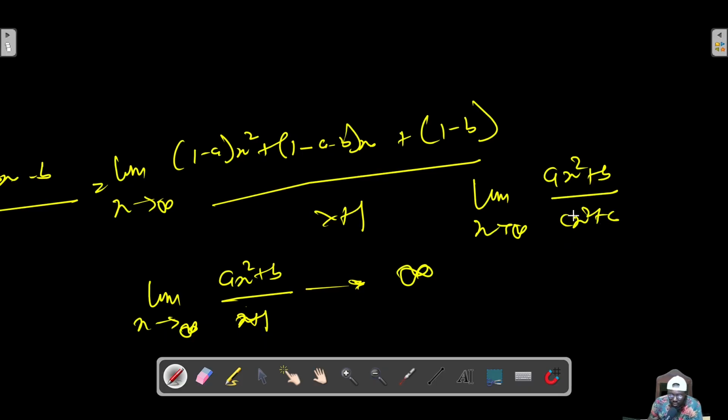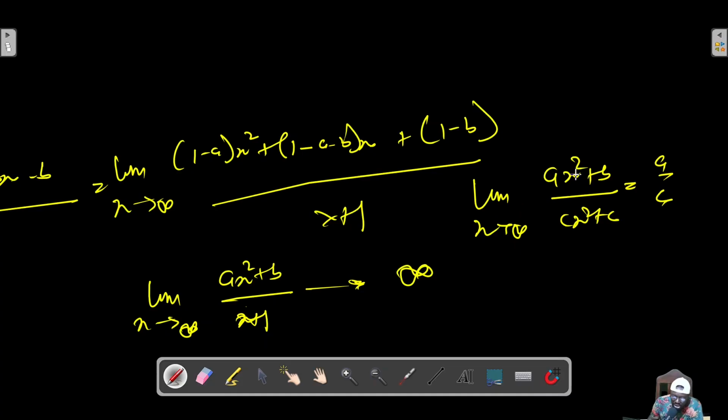Now I realize for the numerator, the highest degree of the independent variable is 2. That is, the highest power of the independent variable on the denominator as well is 2. Then for such a limit, what do we get? We get a constant. I said it the other time. What do we get? We get a constant. And the constant is a over c.